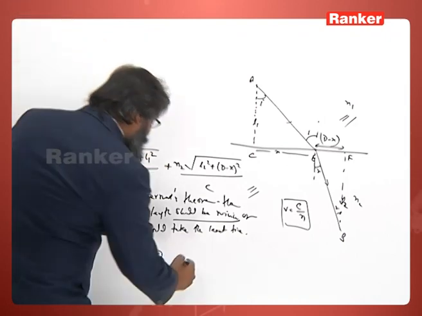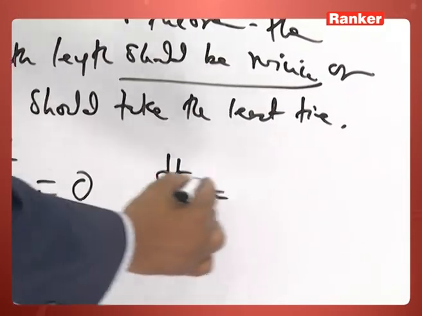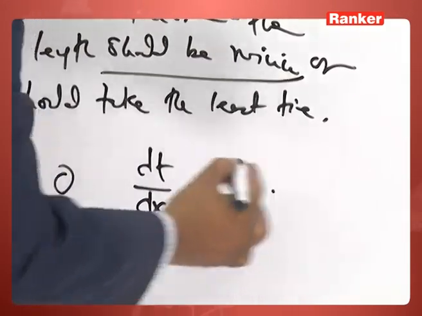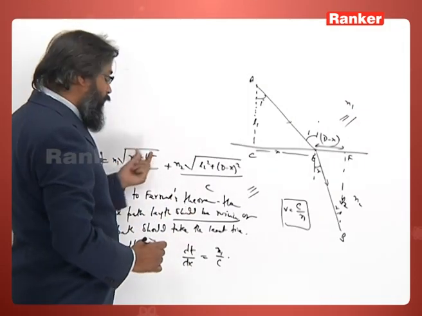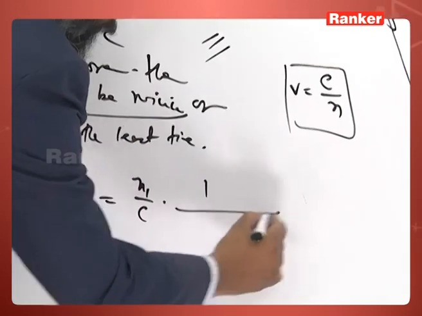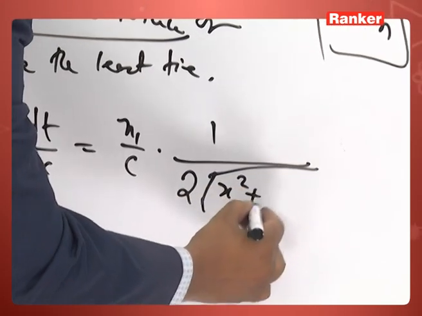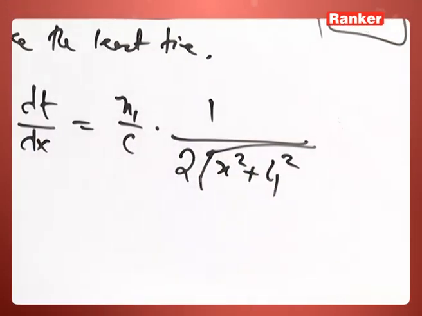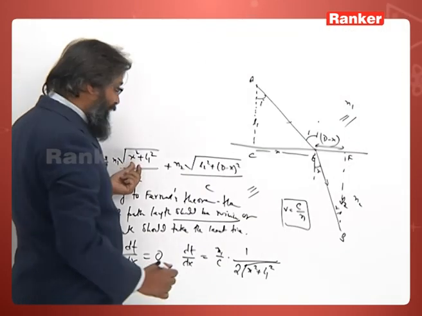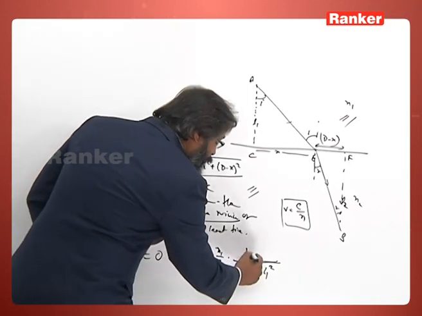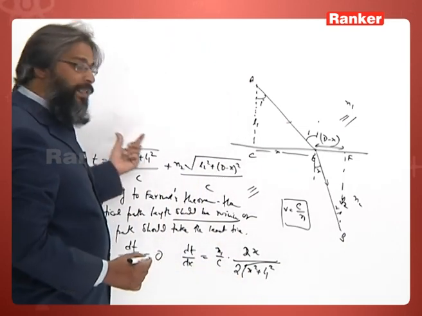Now let us differentiate dt by dx. This is n1 by c times the differentiation of the root function, which is 1 by 2 root over x square plus L1 square, and inside there is x square plus L1 square, so again into 2x. So we have differentiated this term.